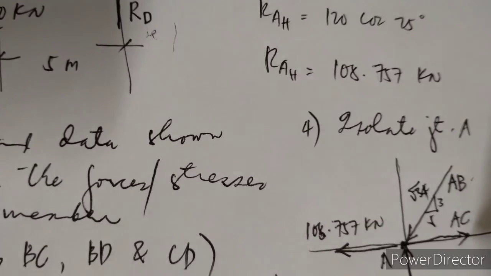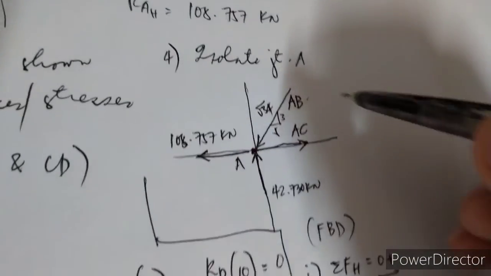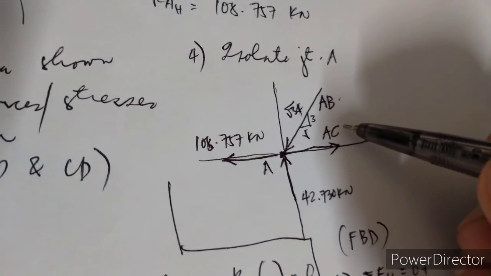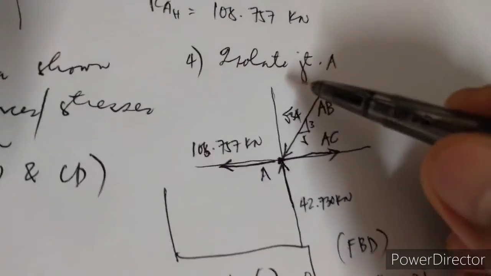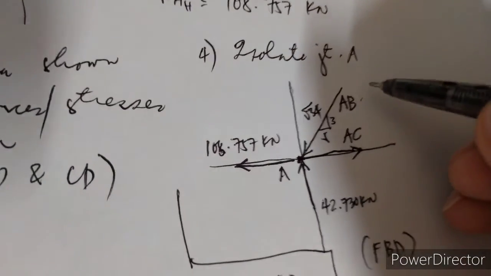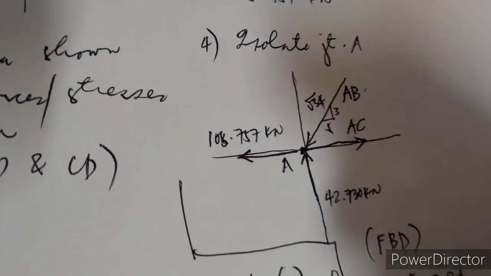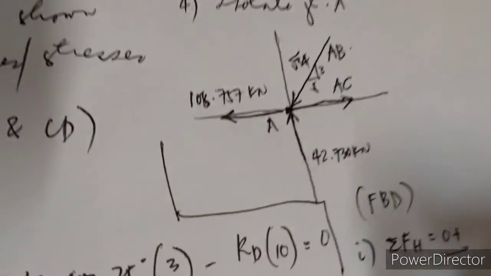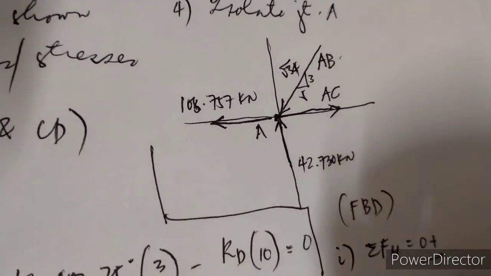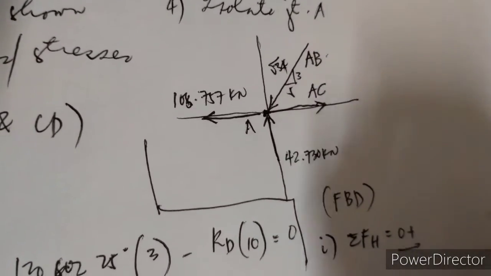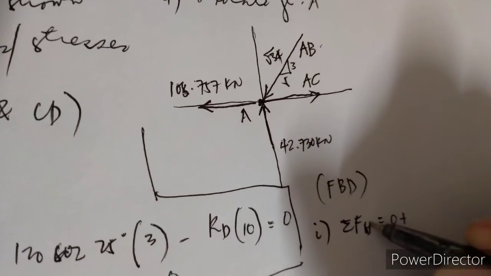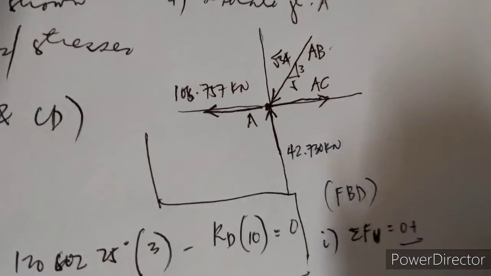Okay, so again, if you're going to have summation of forces vertical, there is only one unknown, unlike what I have told earlier. I stand corrected, so we need to change this to summation of forces vertical.